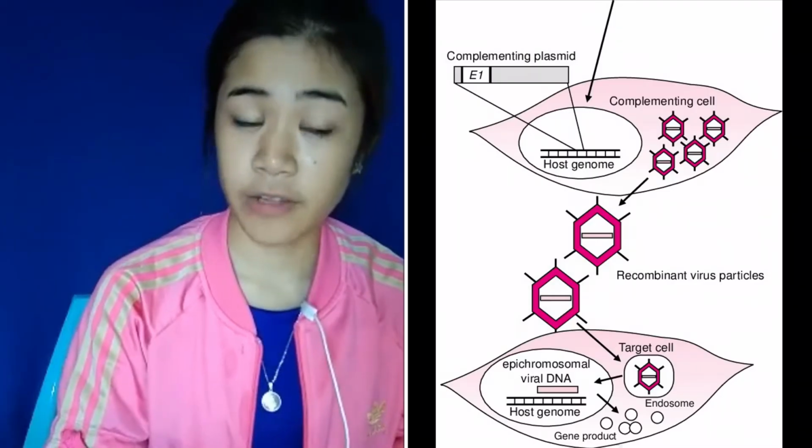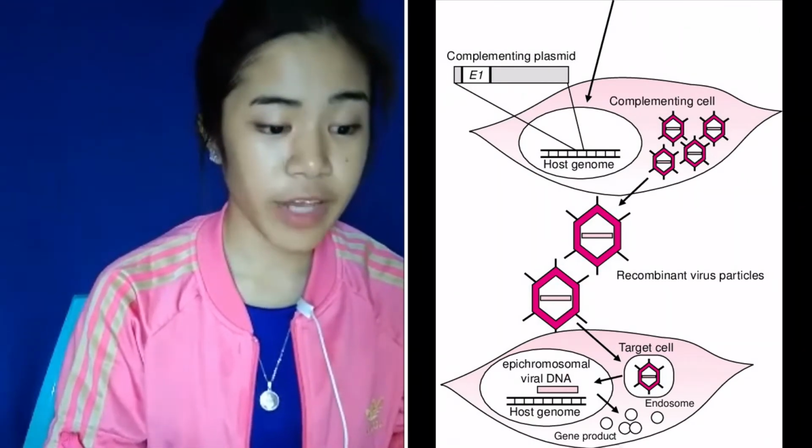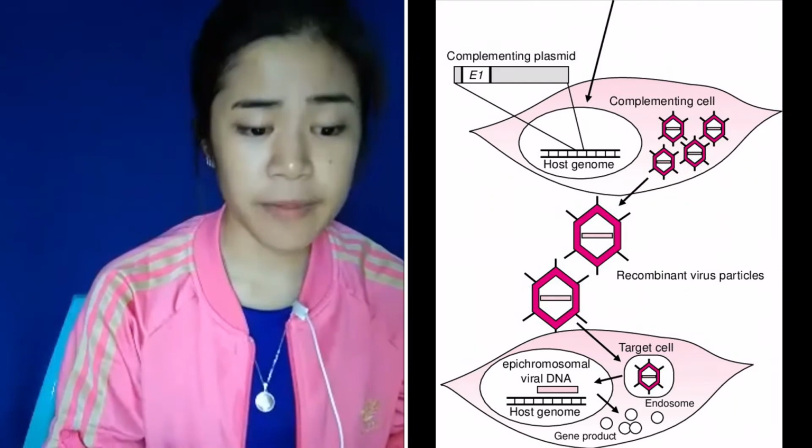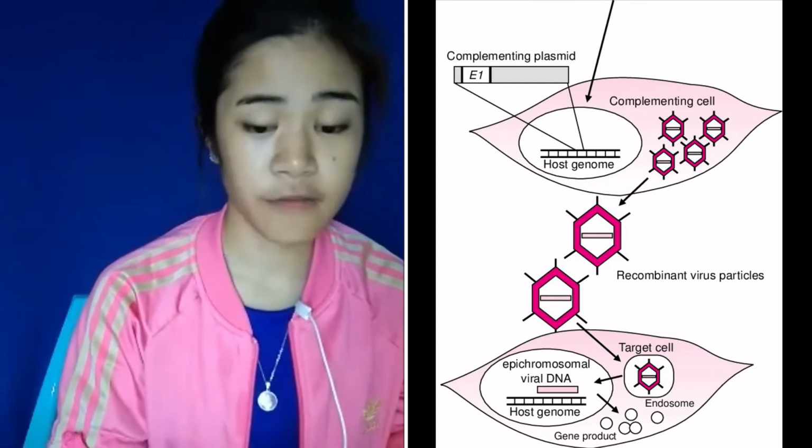Another example is the adenoviral vectors. Adenoviral vectors have a wide range of action and are able to deliver nucleic acids to both dividing and non-dividing cells. Adenoviruses are often responsible for the respiratory, gastrointestinal, and eye infections that affect humans.